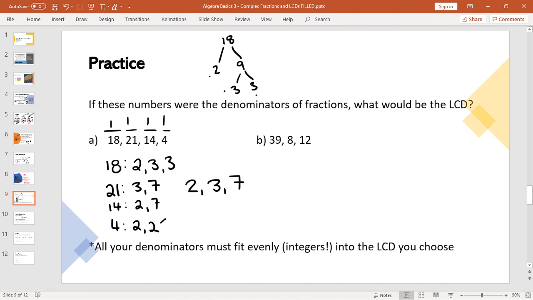In the number 4, I have the most 2's, 2 to the power of 2. In the number 18, I have the most 3's, 3 times 3, 3 to the power of 2. And I only ever get 1 seven in anything. So there's your LCD. 2 to the power of 2 times 3 to the power of 2 times 7. And that should give you 252.